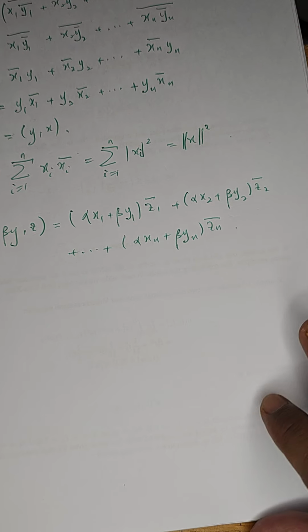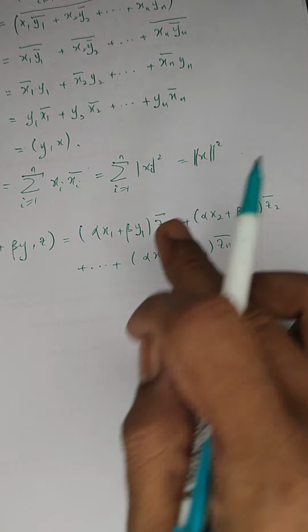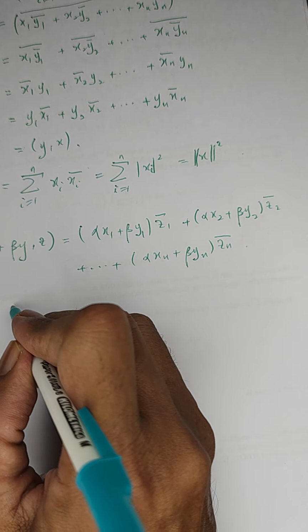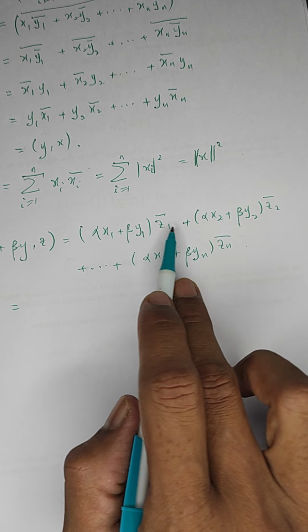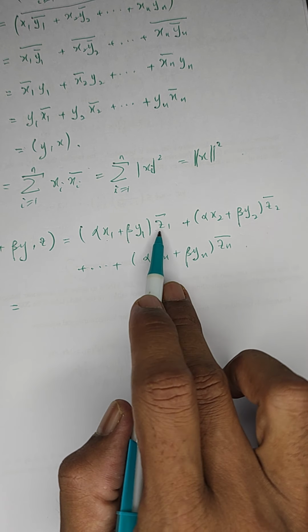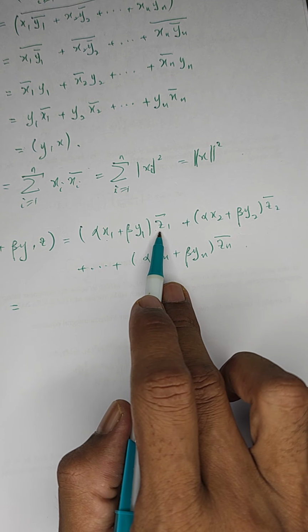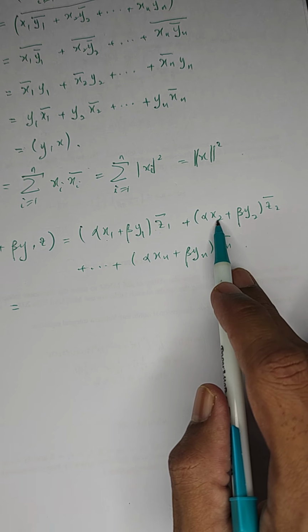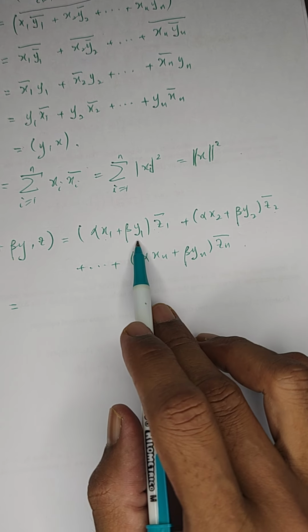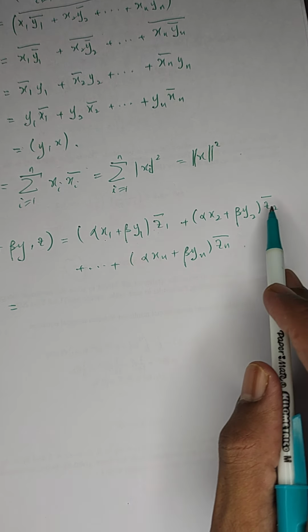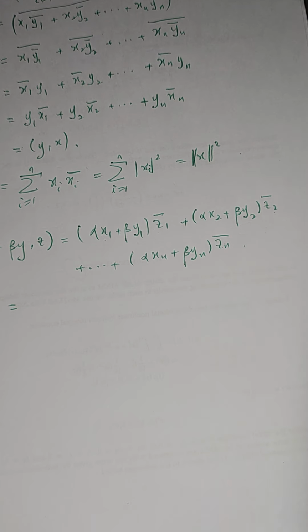From here you can easily recognize this is just normal multiplication. We have x1 z1 bar, x2 z2 bar, and so on. The other part has y1 z1 bar, y2 z2 bar, and yn zn bar.